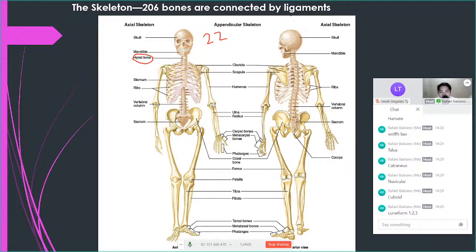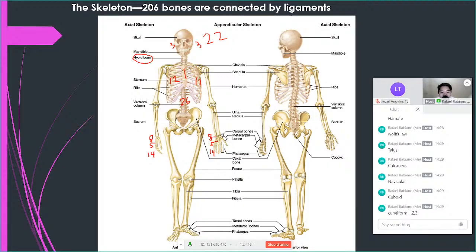Then you have 3 on each side of your ear, right? Auditory ossicles. You have 26 vertebral bones. Then in your upper extremity, it's 8, 5, 14: 8 carpals, 5 metacarpals, 14 phalanges.